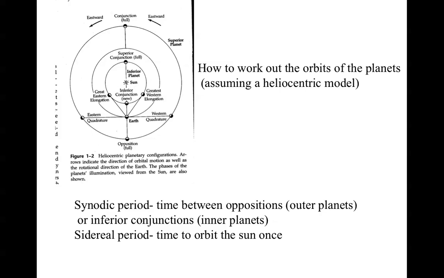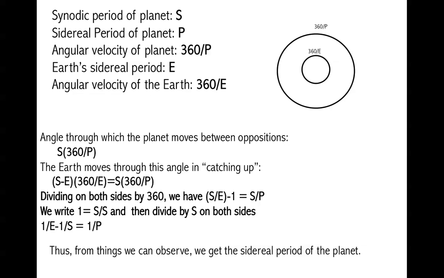So here is a fairly complex derivation, and I don't expect you to understand it or know it in any detail, but I want to show you that the tooth fairy doesn't bring Kepler's solutions, that Kepler worked this out, and give you some idea of how he went about it. So again, we start with the synodic period S and the sidereal period P of a planet.